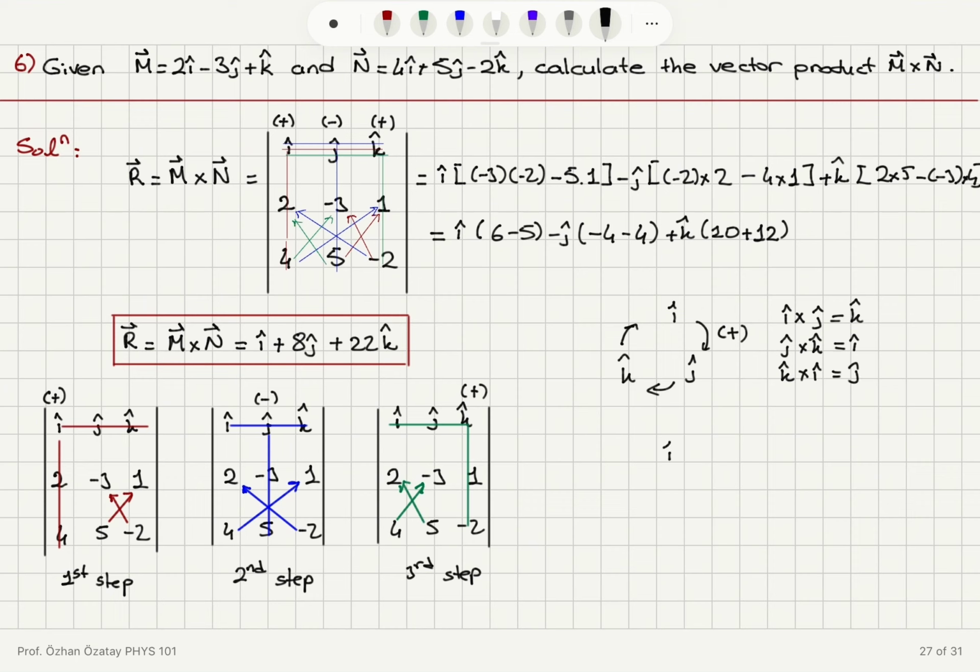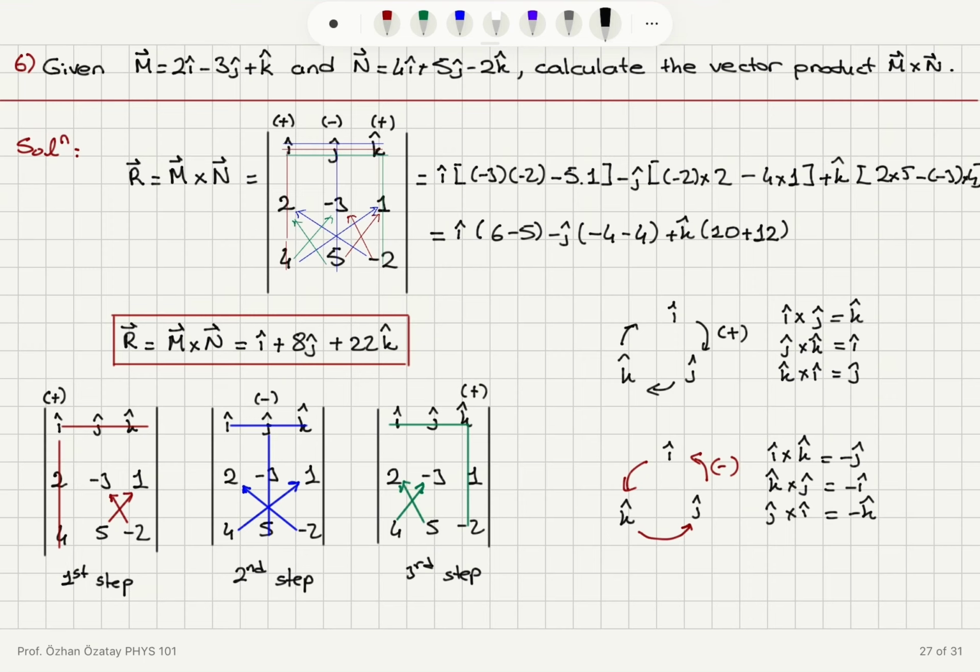If you go in the opposite direction, which is counterclockwise, this is the negative direction. So we have i hat cross k hat is minus j hat, k hat cross j hat is minus i hat, and j hat cross i hat is minus k hat. This is basically following cyclic permutations.